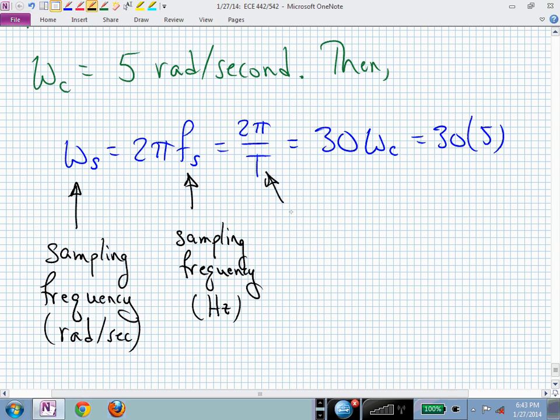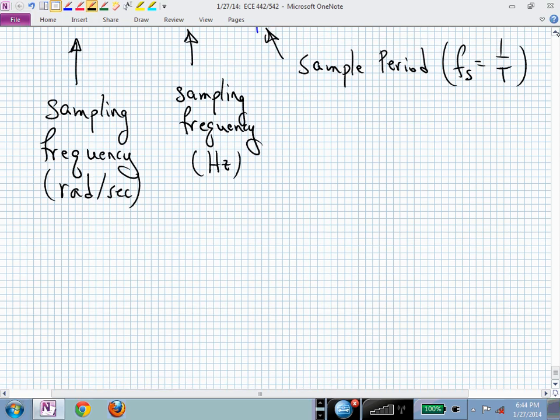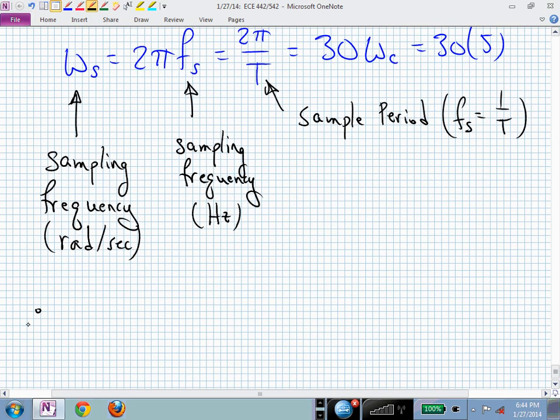And T is our sample period. And note that it's reciprocally related to our sampling frequency in hertz. F sub s is 1 over capital T. And now we want to make 2π over T equal 150 to find our capital T. So we just solve for capital T in this relationship.